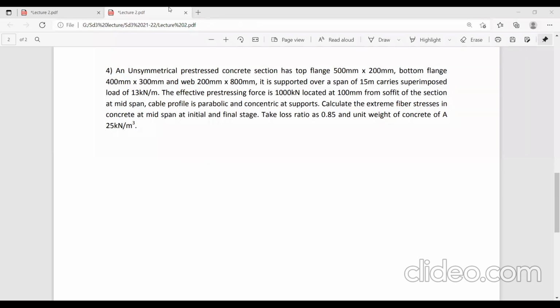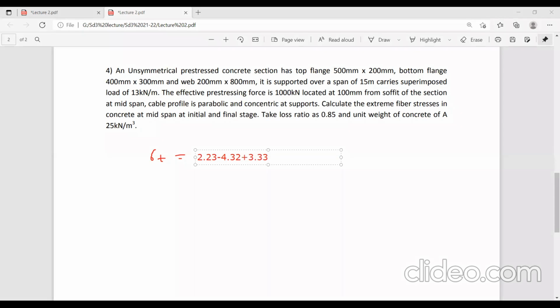So we'll get how much? Sigma top is equal to, first of all you got 2.23, then minus 4.32, then plus 3.33.